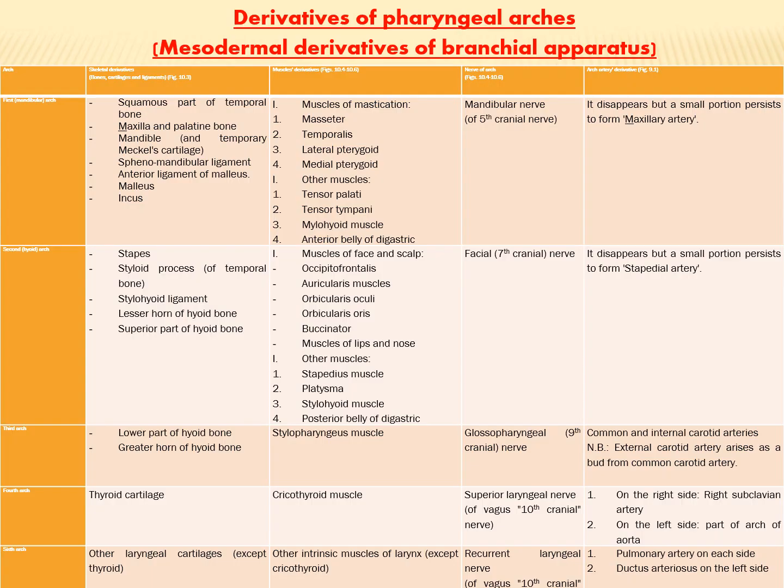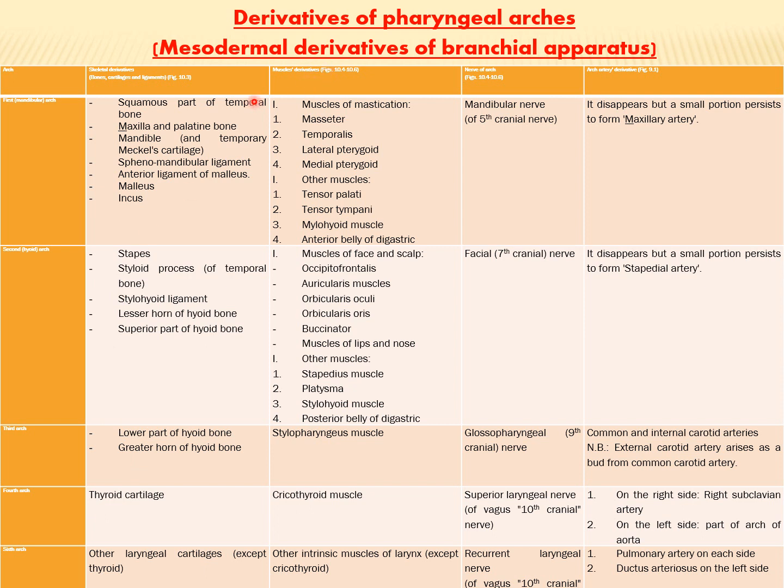Here we collect the derivatives of the pharyngeal arches and the most important points to be asked about. The mesodermal derivatives of the branchial apparatus, or mesodermal derivatives of pharyngeal arches. We said before the skeletal element of the arches.